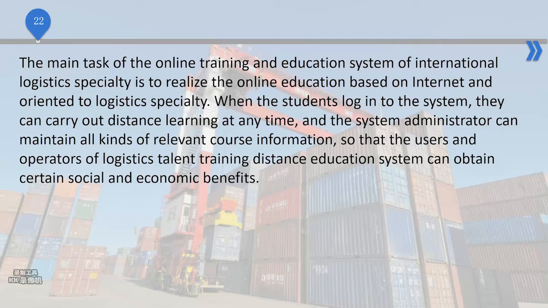When students log into the system, they can carry out distance learning at any time, and the system administrator can maintain all kinds of relevant course information, so that the users and operators of the talent training distance education system can obtain certain social and economic benefits.